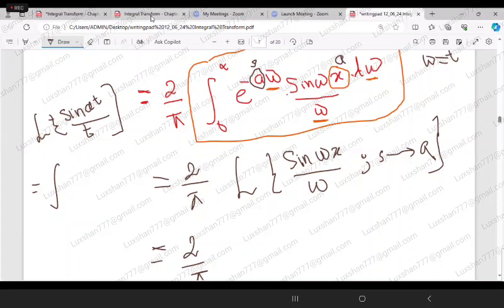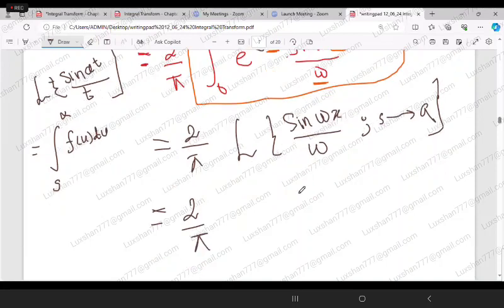S to infinity, no? Integration. Yeah, S to infinity f of u. Good. So S to infinity f of u. F of u means Laplace transform of sine. So therefore, this is integration. Our S here is a.